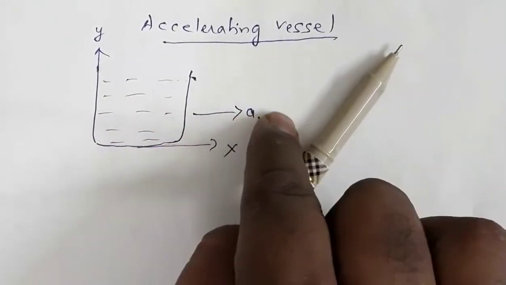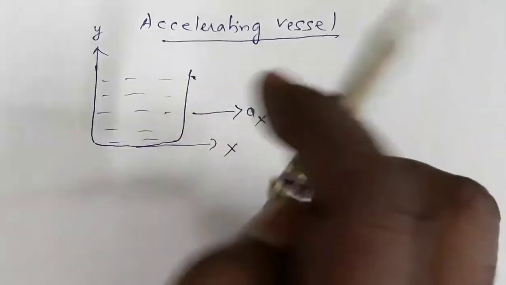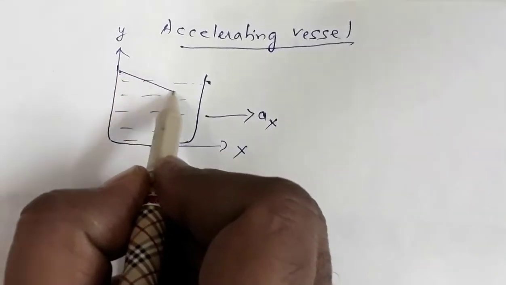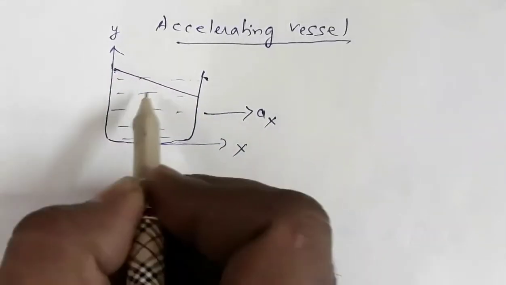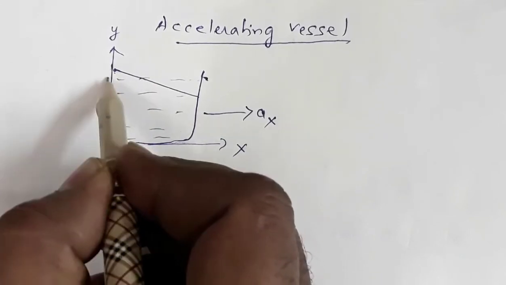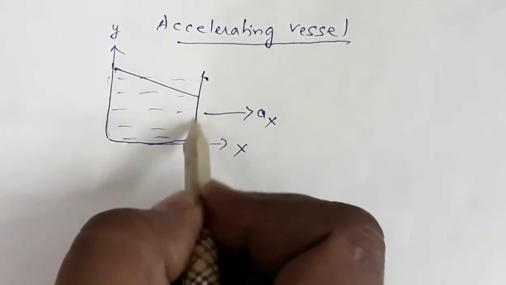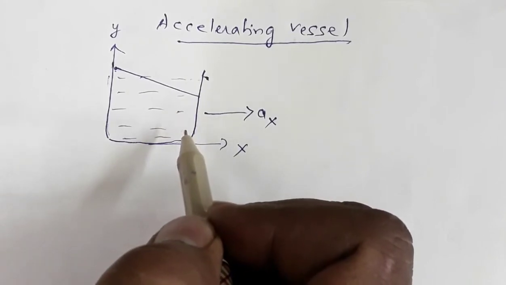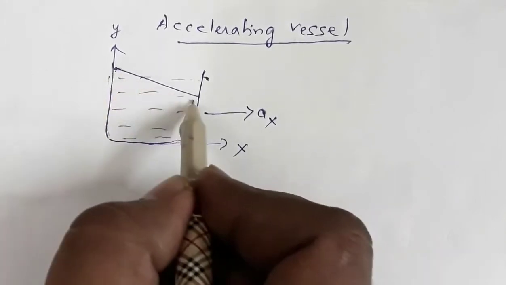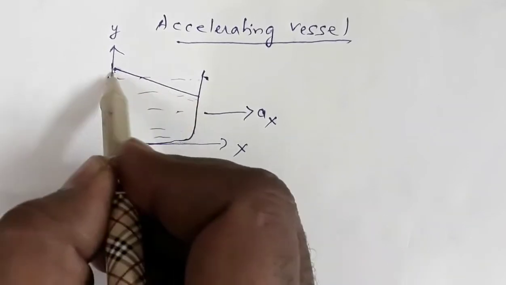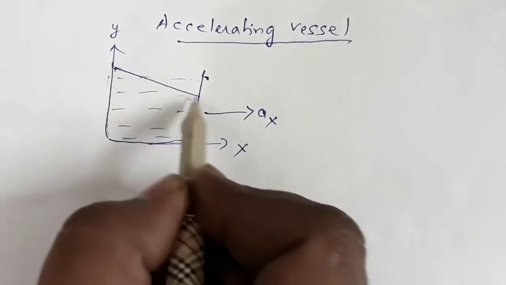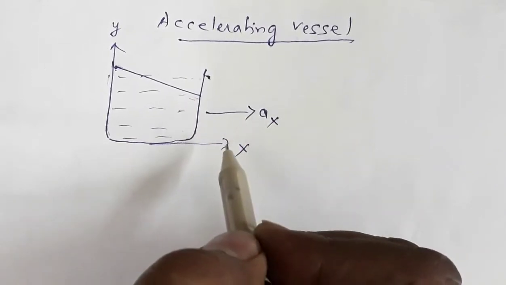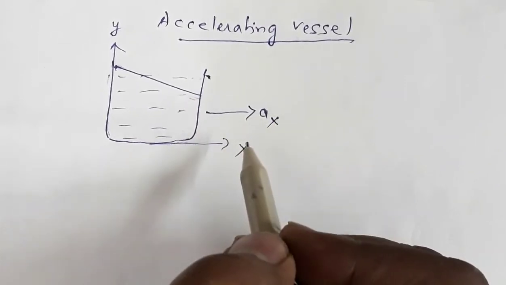The moment it starts accelerating, the liquid level will change to this. The level of liquid in this part will rise, the level of liquid in this part will decrease. This is the way the top surface of the liquid will behave if the vessel starts accelerating in this direction with acceleration ax.